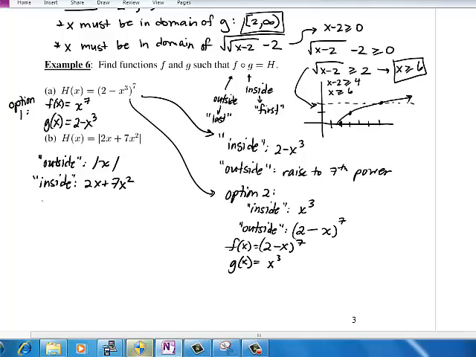So we would want to take f of x to be the absolute value of x, and g of x to be 2x plus 7x squared. You can double check that all of those work the way they're supposed to, but they'll work just fine.